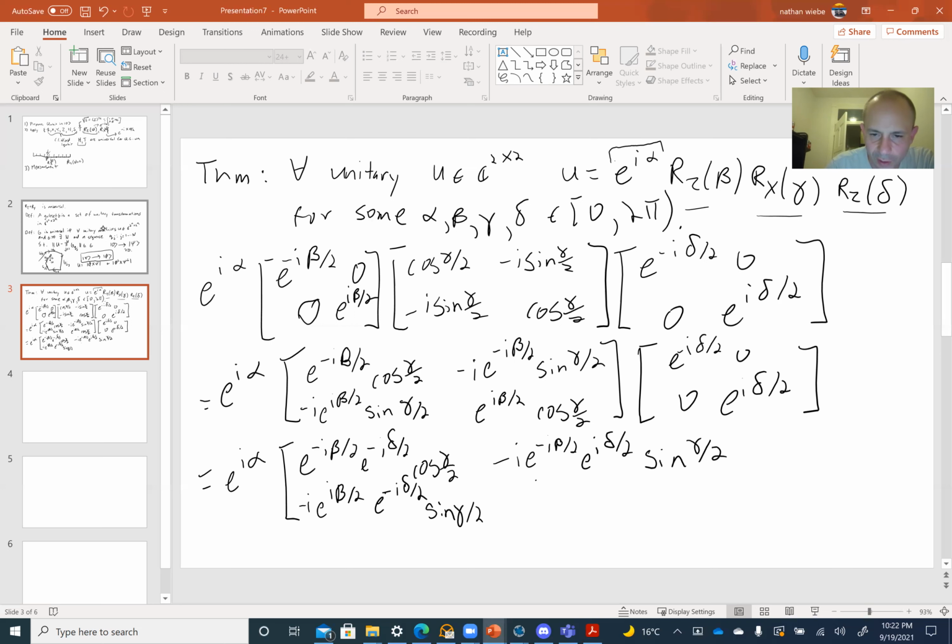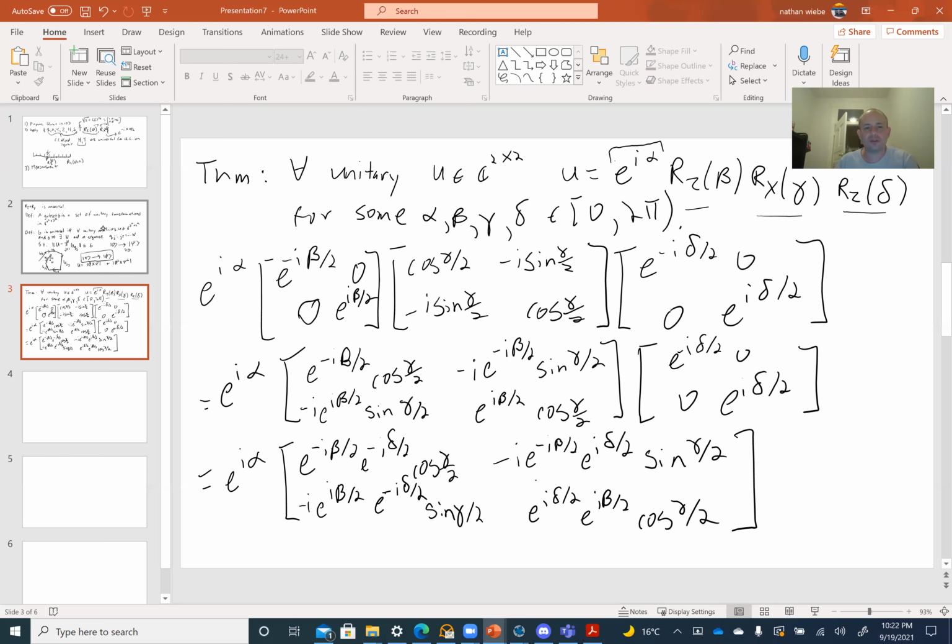And then finally, we have e to the I delta by 2, e to the I beta by 2, cosine gamma by 2. All right. And so this is our final expression for the matrix.